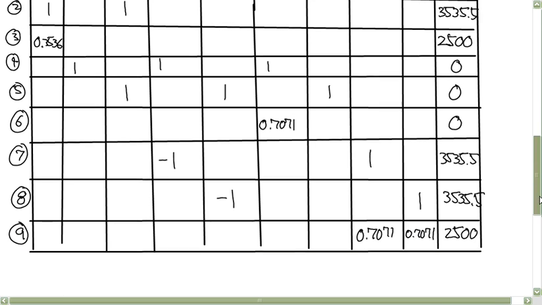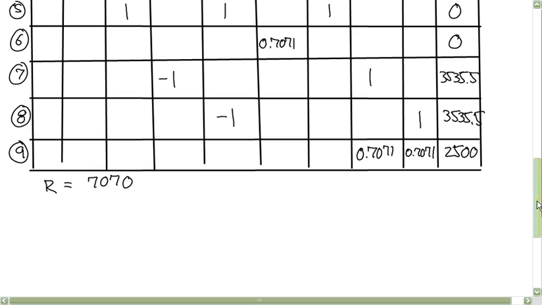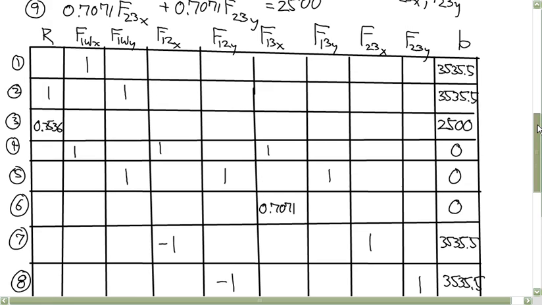Okay, so we got, tell me if you guys get this same thing. We got R equals 70.70. Some round off error, I guess, there.